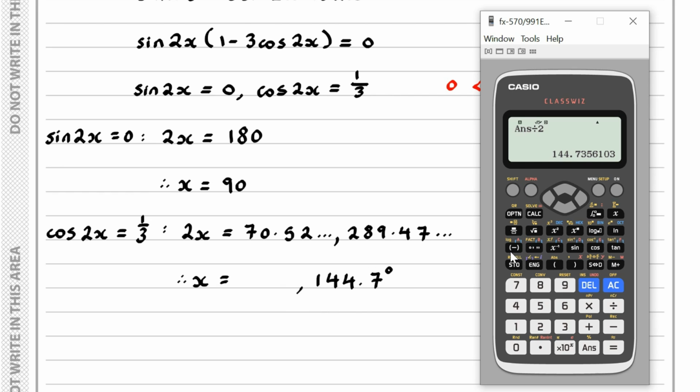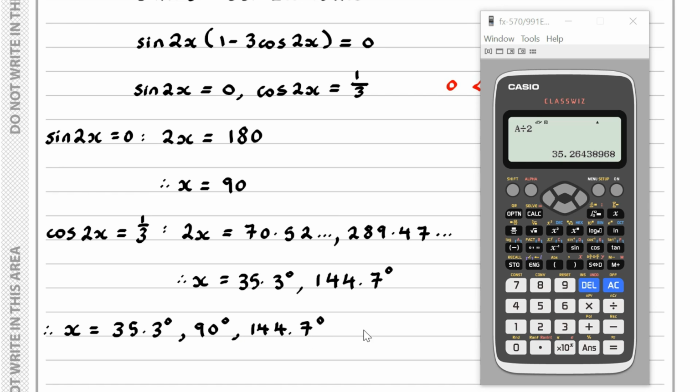And if I do A divided by 2, I get 35.3 degrees to one decimal place. So x is equal to 35.3 degrees, 90 degrees, 144.7 degrees, all given to one decimal place where appropriate.